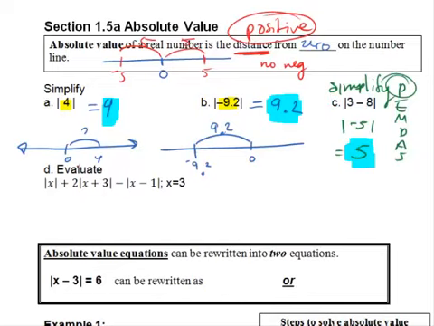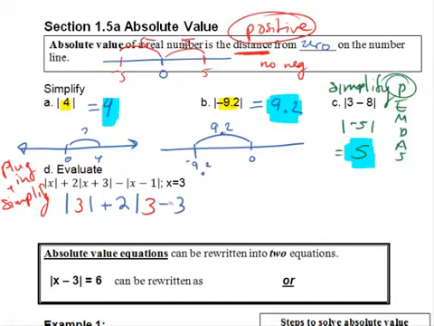Let's look at an example where you're asked to evaluate. Remember, evaluate means to plug in and simplify. So as we're looking at this example, we will say absolute value of 3 plus 2 times absolute value of 3 plus 3 minus absolute value of 3 minus 1.